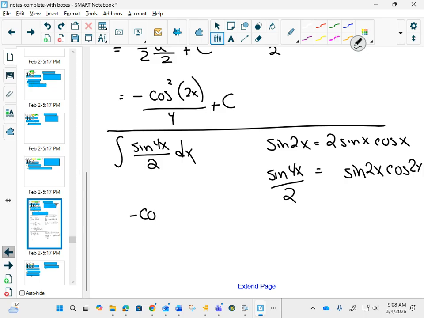Negative cos, so I could have negative cos 4x over 2, but this is a simple chain rule, right, where you multiply by 4. How do we undo a simple chain rule of multiplying by 4? Divide by 4 plus c. So now we got one answer with sine squared 2x over 4. We got another answer with cos squared 2x over 4. Now we got a third answer of negative cos 4x over 8, which is like completely different.